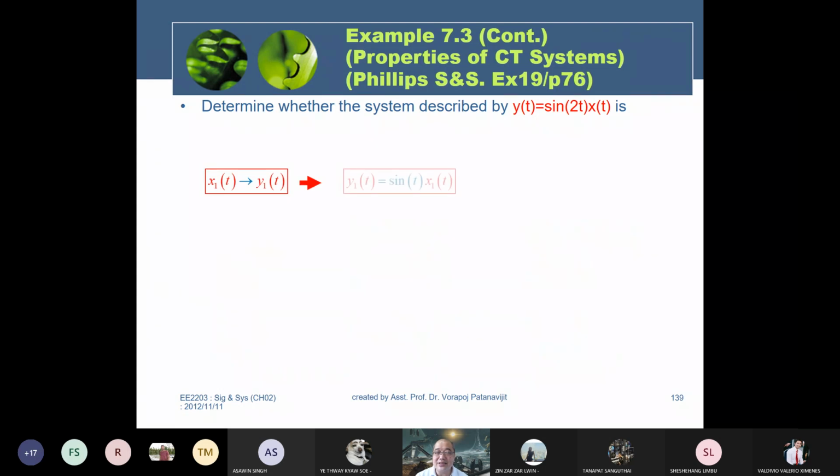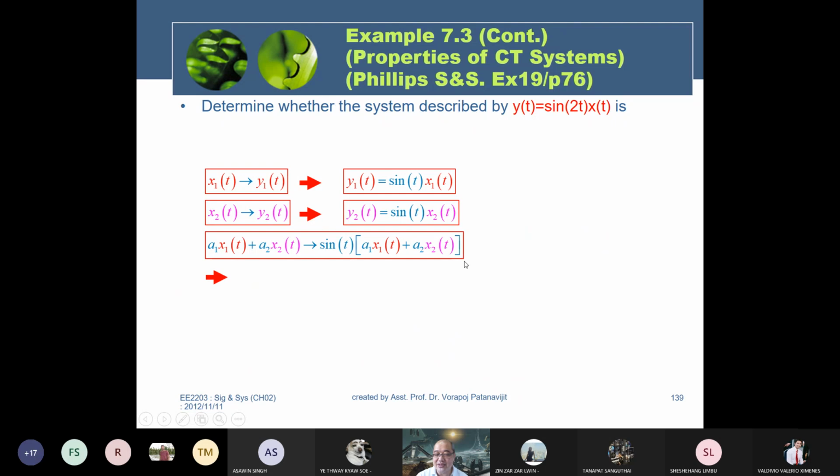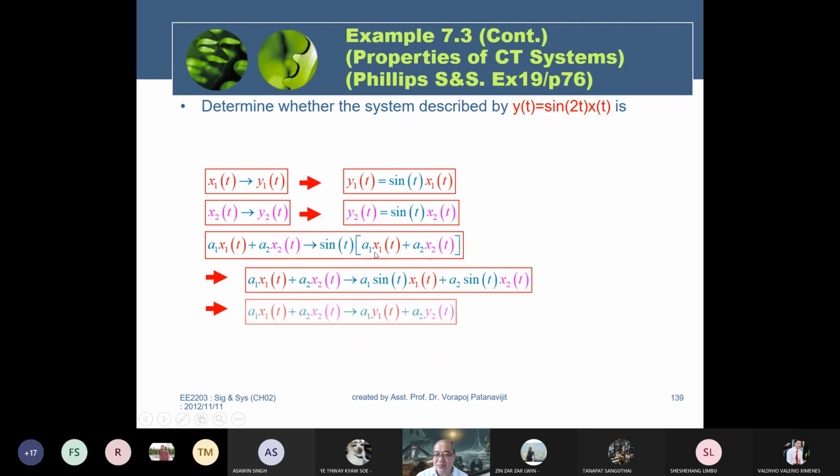Next, checking whether the system is linear or not. Linear means you feed x1, get y1, and you feed x2, get y2. y1 in this case is when you feed x1 into it: y1 equals psi(t) x1(t). You feed x2, y2 equals psi(t) x2(t). If you feed x1 plus x2, it equals psi(t) multiplied with the summation of x1 plus x2, and expanded.